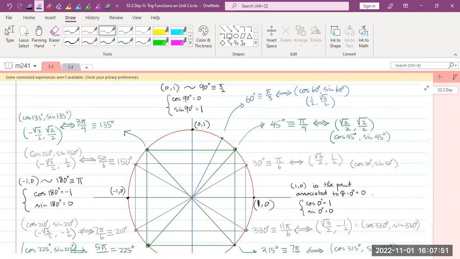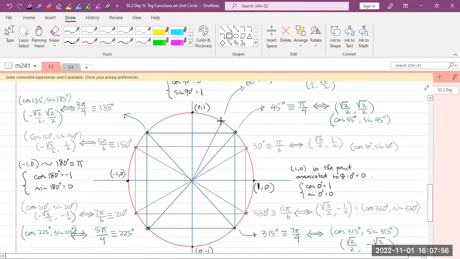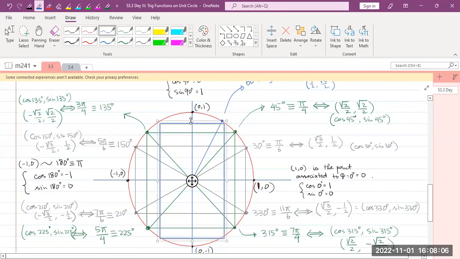Now get the rectangle. This rectangle here will hit all the coordinates with the same reference angle. Okay, so this coordinate here has 60 degrees as reference angle.